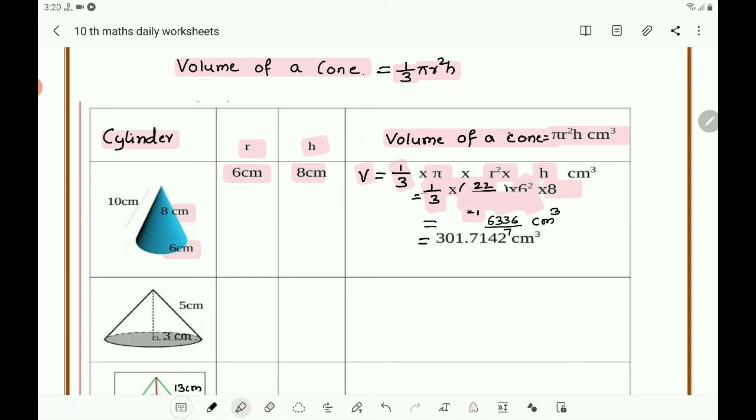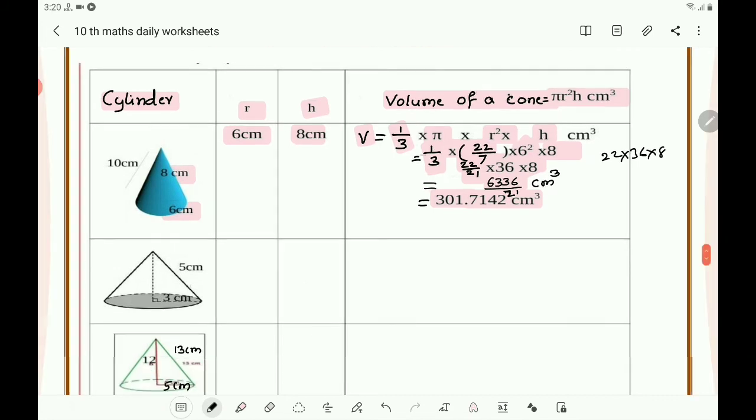Then the product of these three, 22 into 36 into 8, you verify the product is how much? 6336 divided by 21, that is equals to what? 301.7142 cm cube.